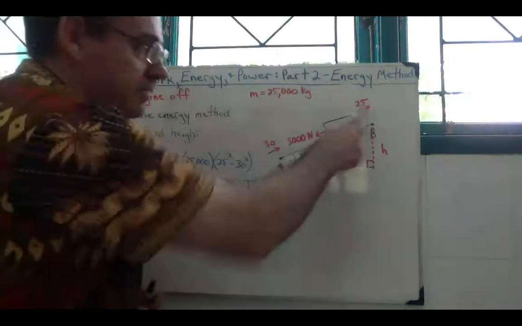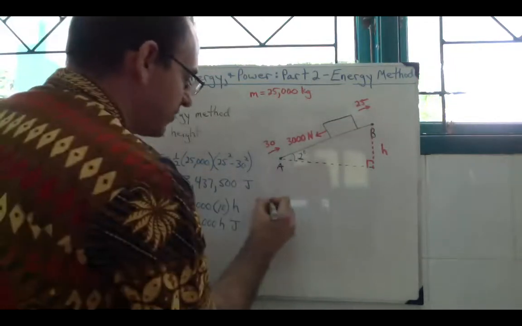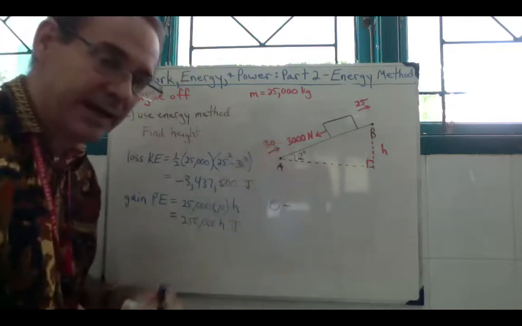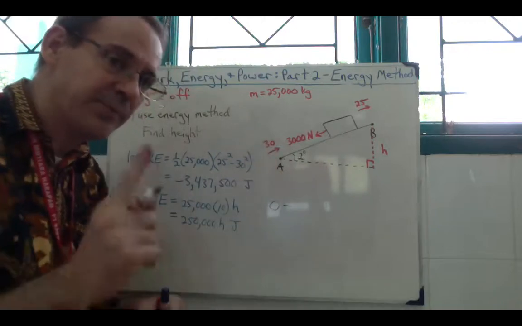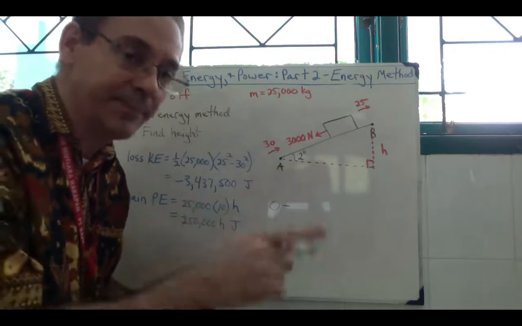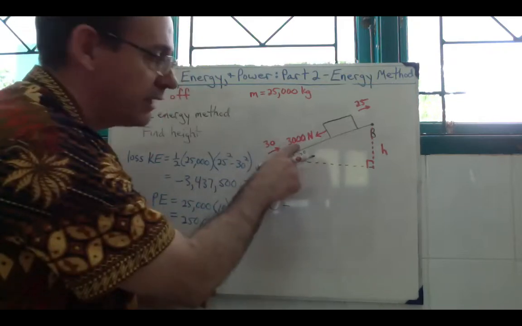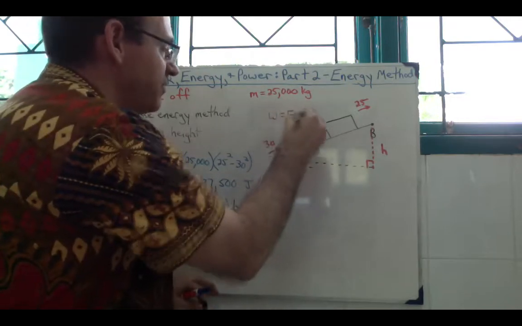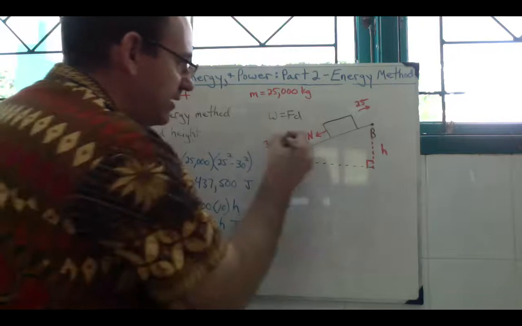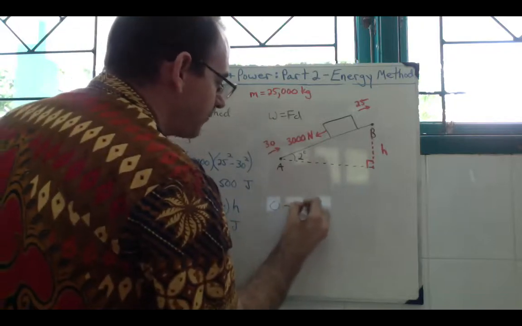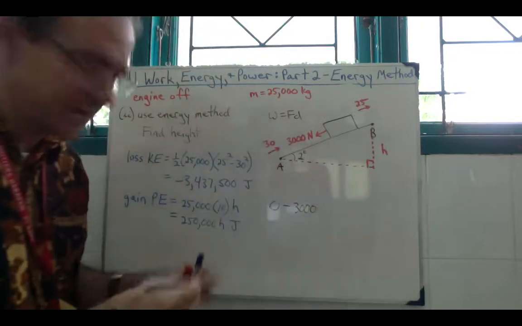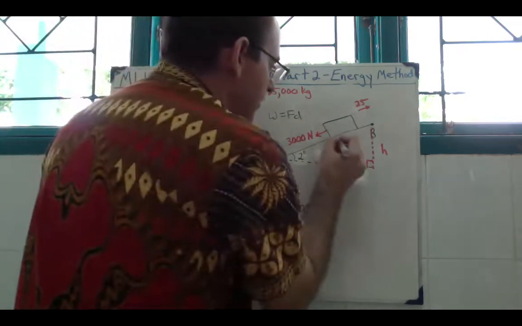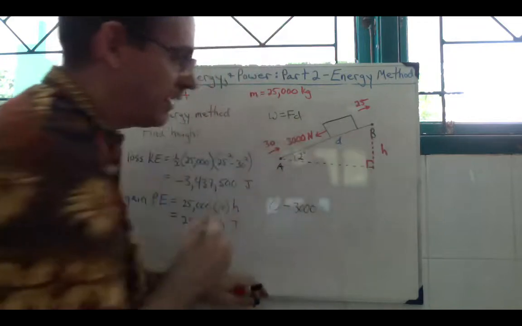The work done by the driving force, well, that's 0, minus the work done by the resistance force. Now remember, it's work done by the resistance. This is only force of resistance. Work equals force times distance. So we need to take our 3,000 and we need to find the distance. Well, the distance is this little length of the hypotenuse.